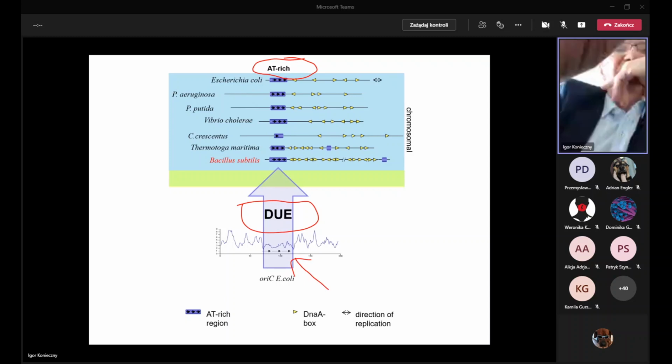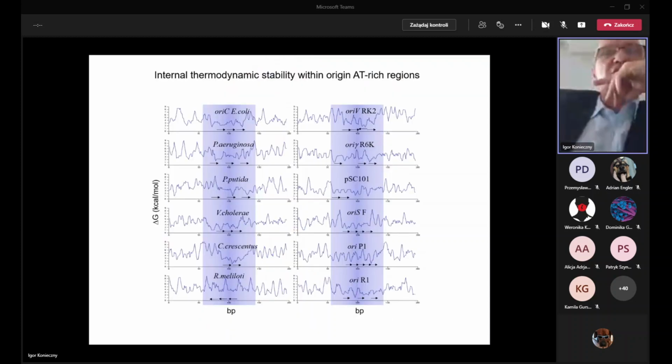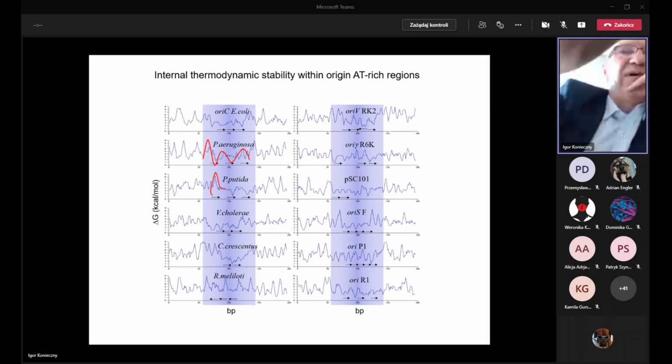And you see those fluctuations of thermodynamic stability: up, down, up, down, up, and then a minimum, up, down, up, down. So not only is there some kind of minimum, but fluctuations are also typical.